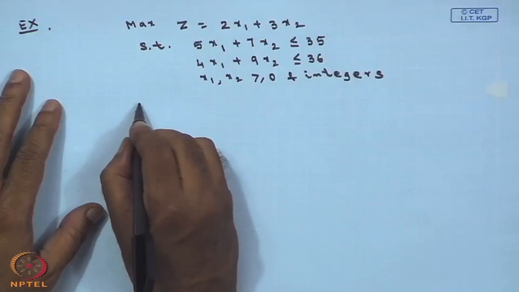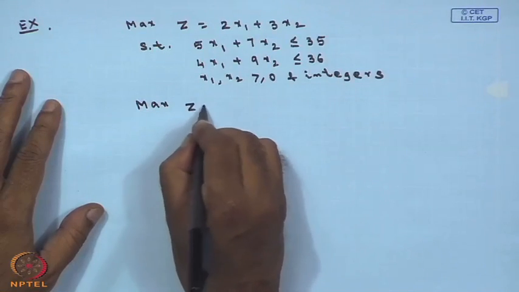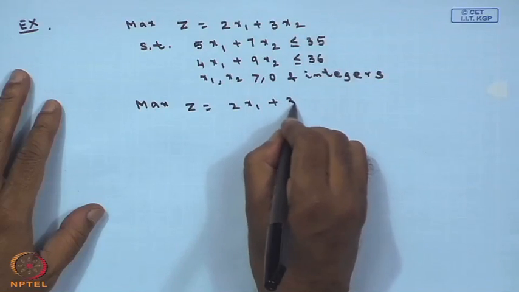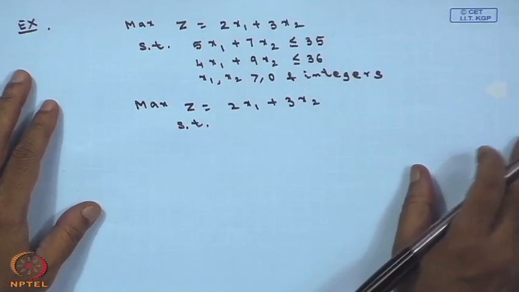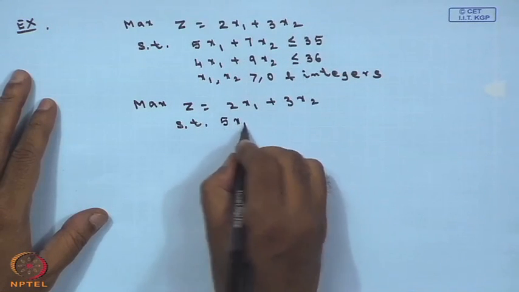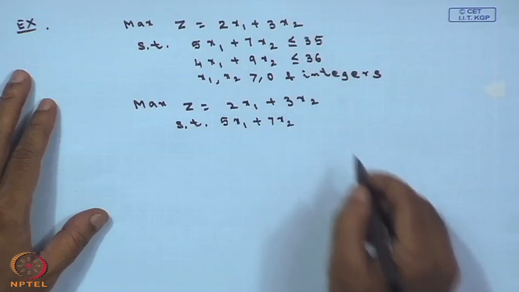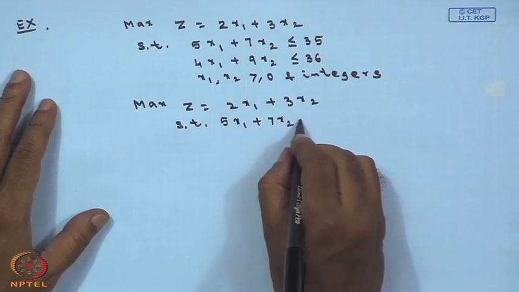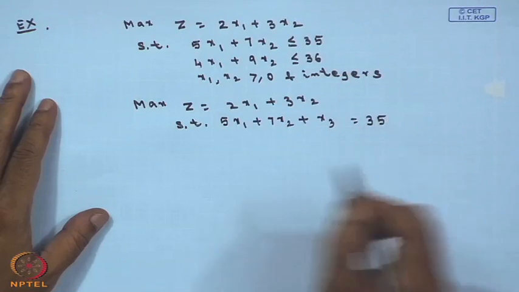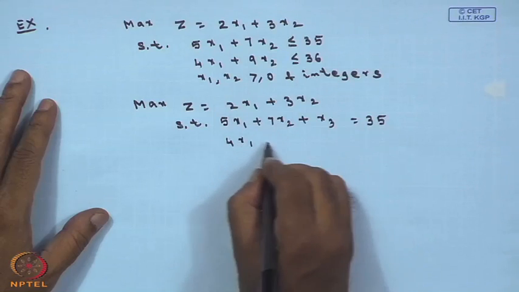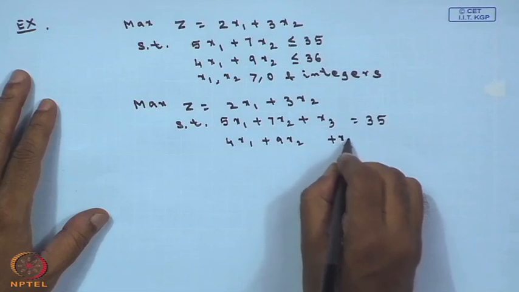Let us introduce slack variables x3 and x4, and write the LPP in standard format: maximize z equals 2x1 plus 3x2, subject to 5x1 plus 7x2 plus x3 equals 35, and 4x1 plus 9x2 plus x4 equals 36.